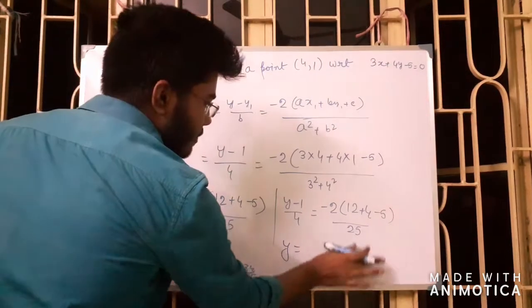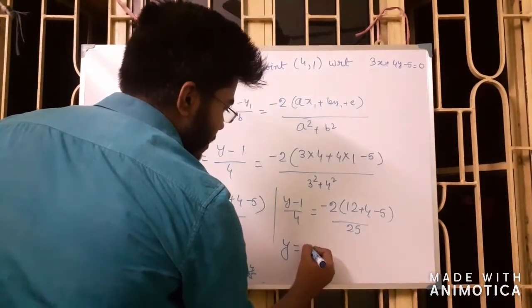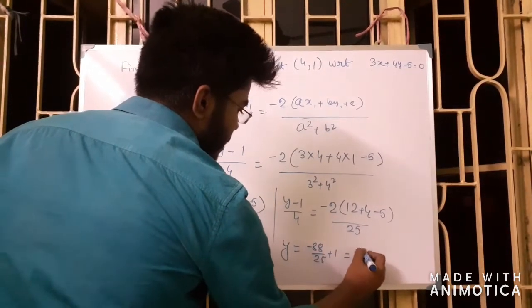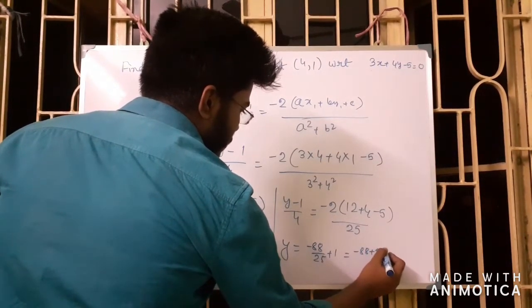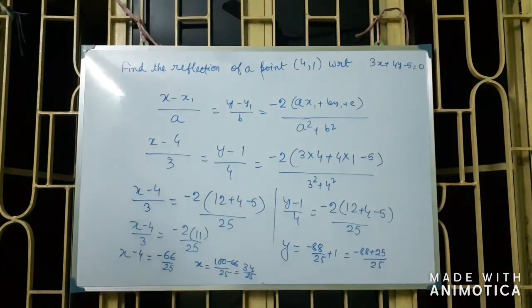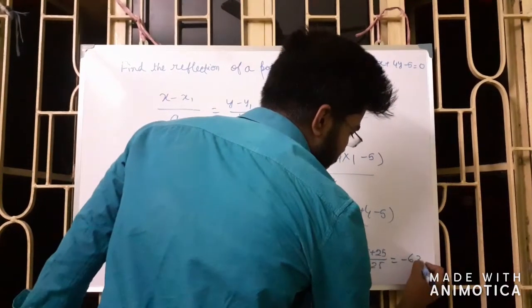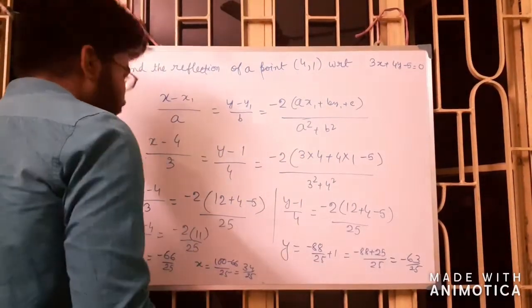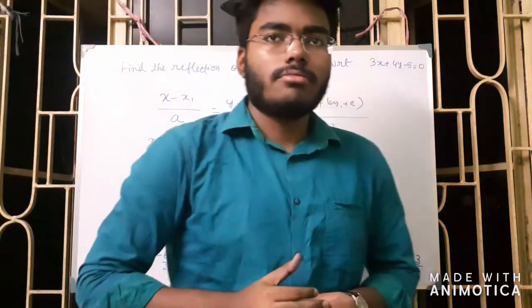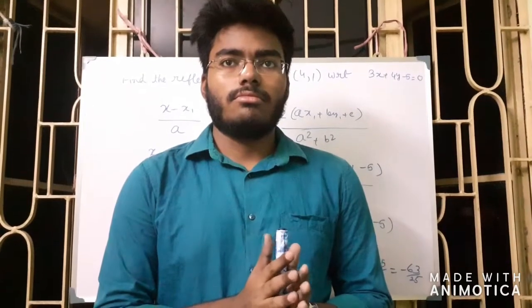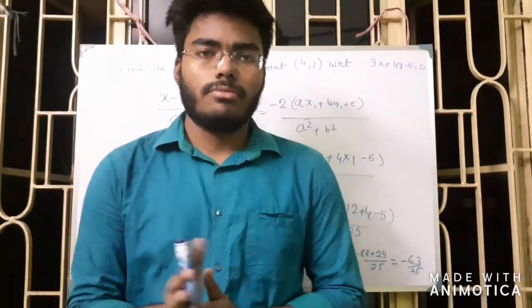And this is minus 22 upon 25, that means y minus 1 equals minus 88 upon 25, so y equals (minus 88 plus 25) by 25, which is minus 63 upon 25. So this is the entire thing about the straight lines. Okay, so thank you.